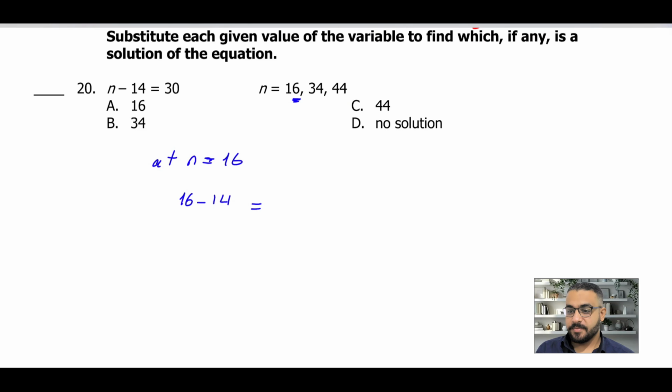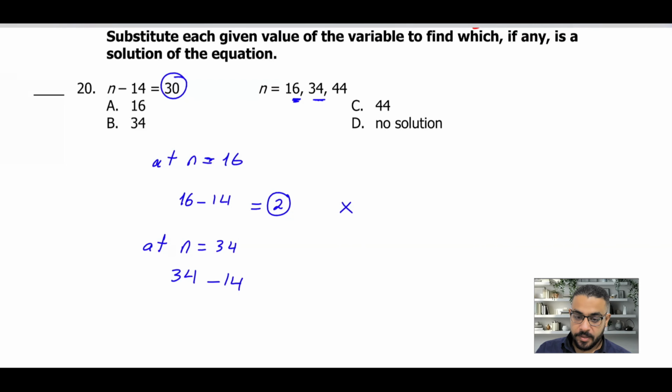The result will be just 2. Is it the right-hand side? No, so it's not satisfying. Okay, let's talk about the 34. At n equals 34, let's replace n in the left side: 34 minus 14. The result will be 20. It's not the right-hand side, so it's wrong also.